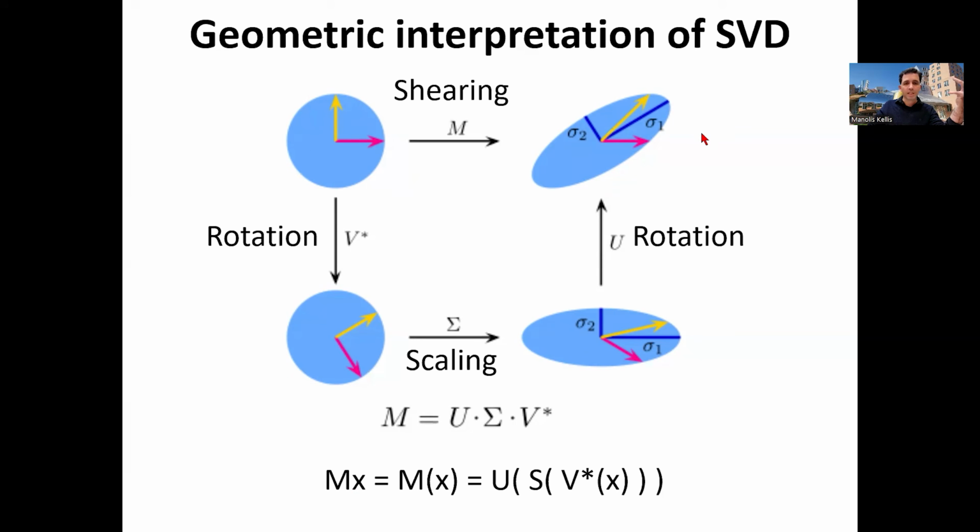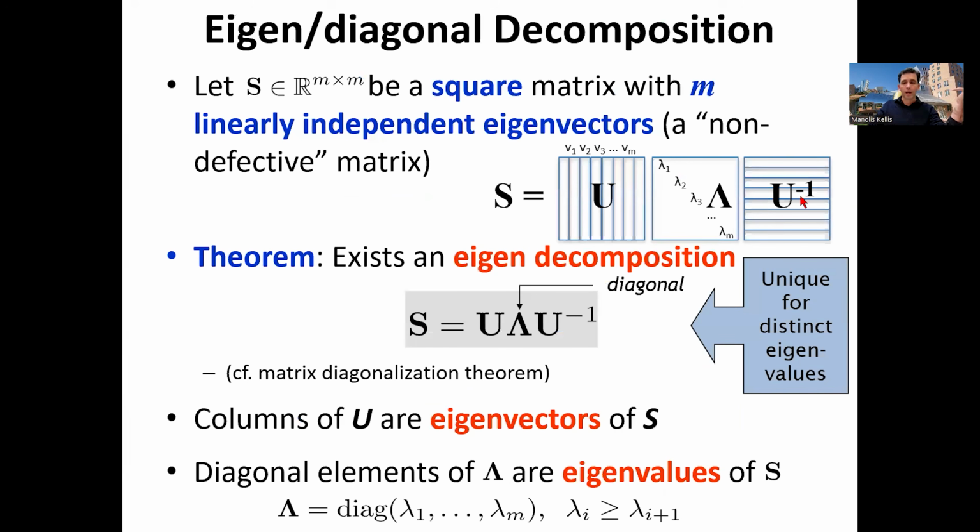So what this is doing is saying, okay, let me rotate the initial space, then scale it, and then rotate it again. And that allows me to start thinking about any kind of operation. So instead of just saying, here's how that matrix changes the entire space, I can say, well, that matrix is simply rotating to some transformed space where the transformation is just some scaling. Okay, so that's what eigendecomposition is.